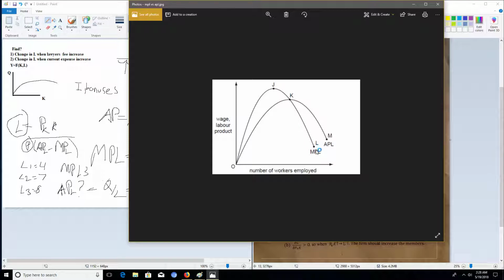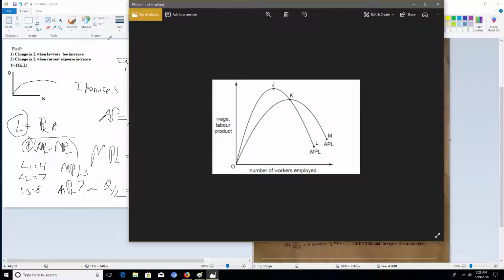When marginal product is less than average product, the average product is falling. So this intersection of the two is the amount of people the firm hires: before it they keep hiring, and after it they don't hire anymore.